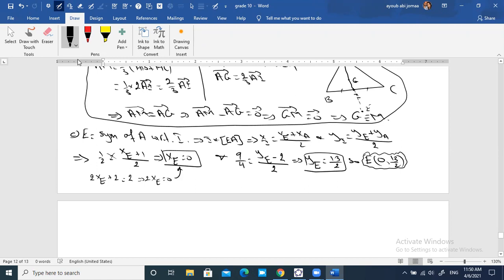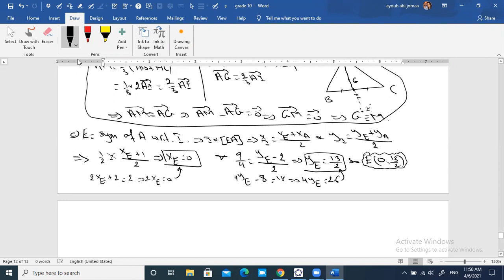Similarly here, 4ye minus 8 is equal to 2 times 9, which is 18. Then 4ye is equal to 18 plus 8, which is 26. Then ye is equal to 26 divided by 4, which is 13 over 2. Okay? Okay, sir.